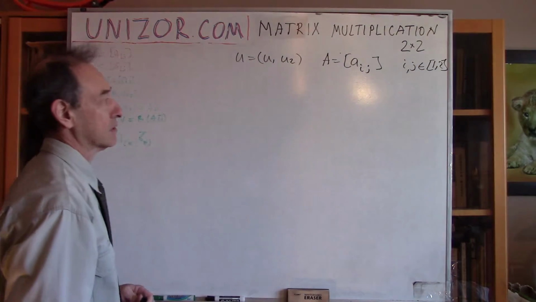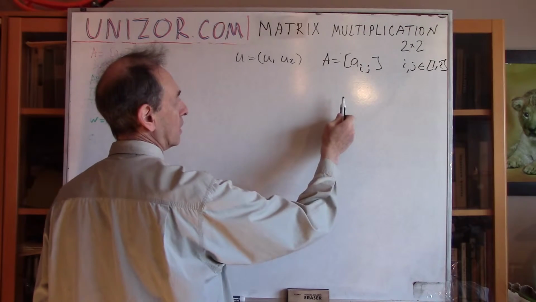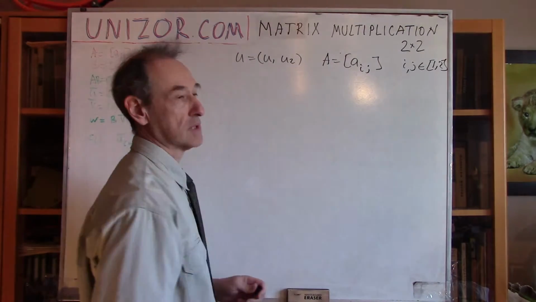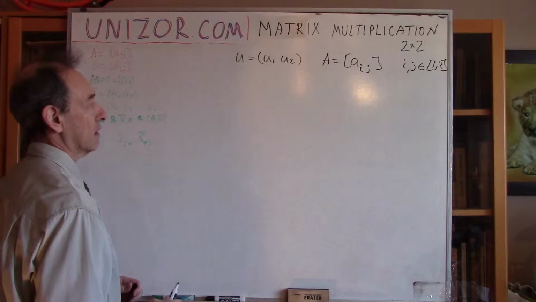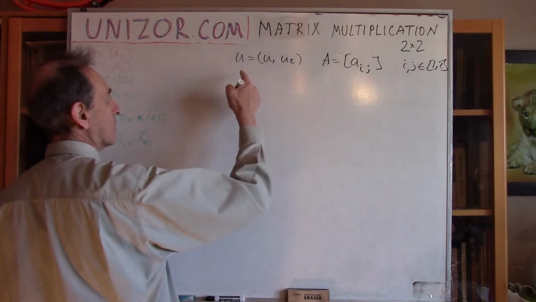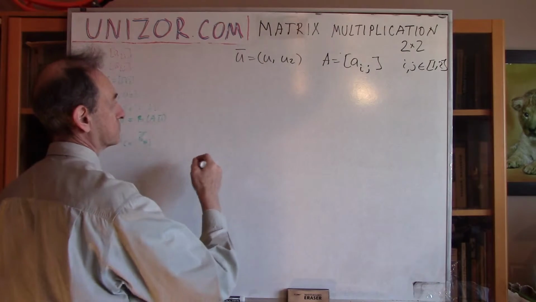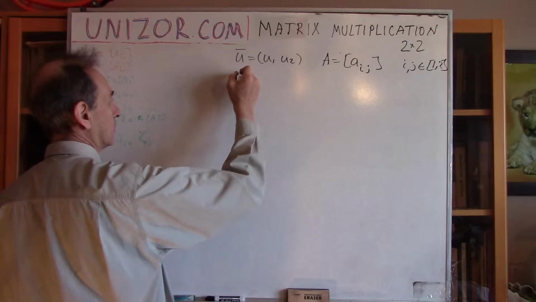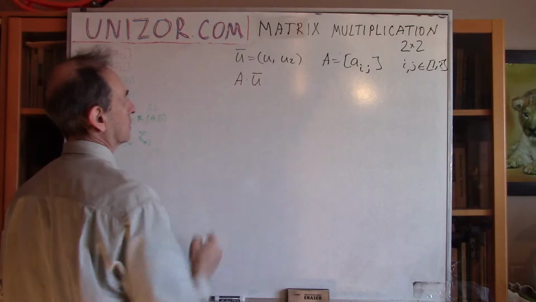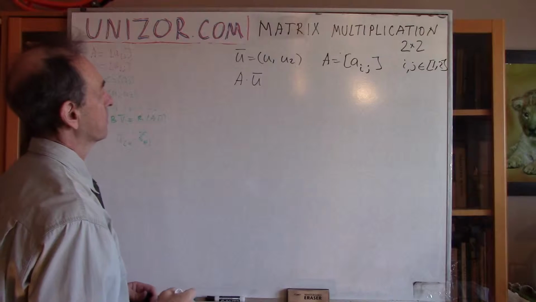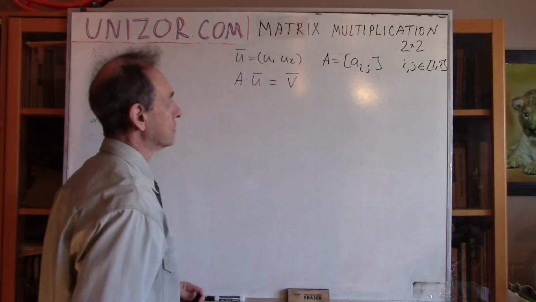So it's a 2x2 matrix: A11, A12, A21, A22. That's how these elements of the matrix A are located. Now we apply matrix A to the vector u, and I will multiply it on the left. It's more convenient for me. And I will get the vector v.